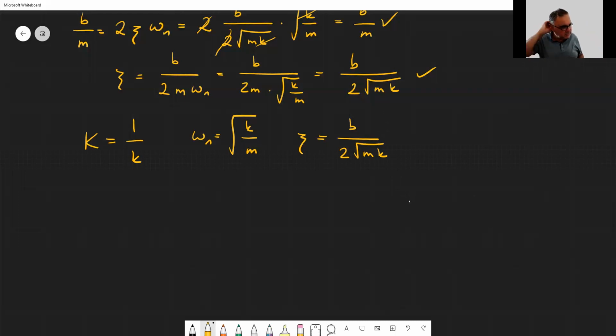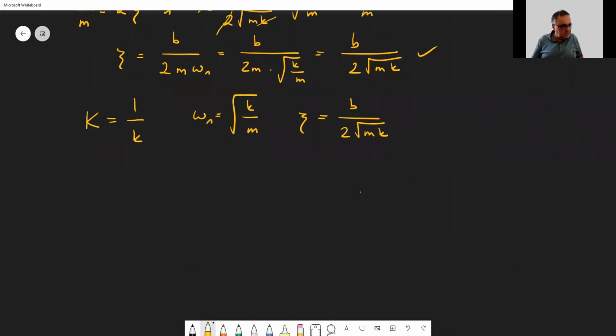Second order systems have a richer kind of response. It all depends on whether the response is oscillatory or not. Whether the response is oscillatory or not depends on the damping ratio.